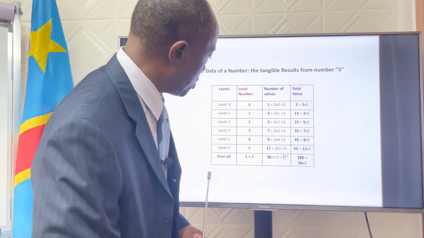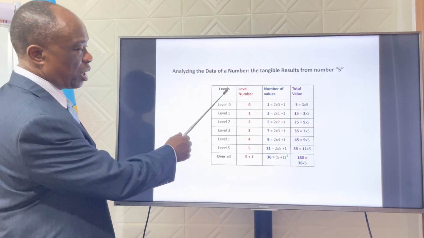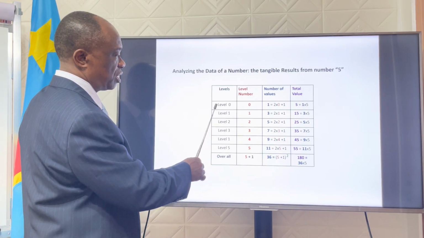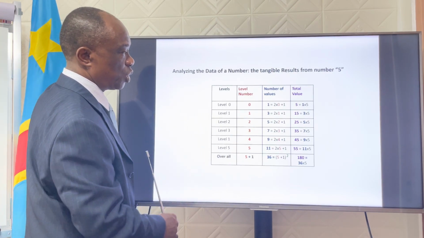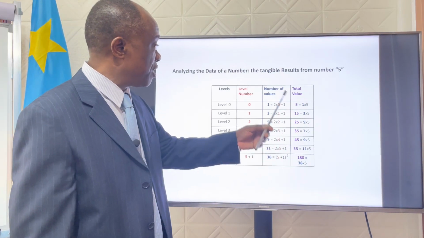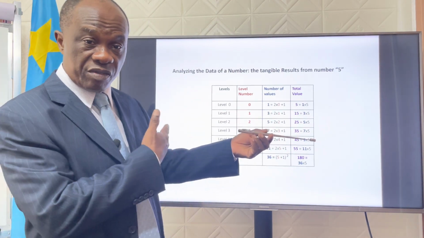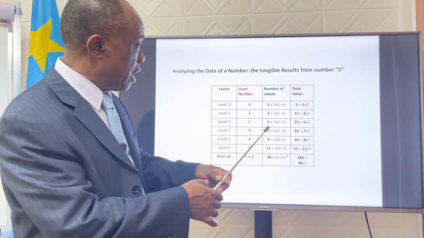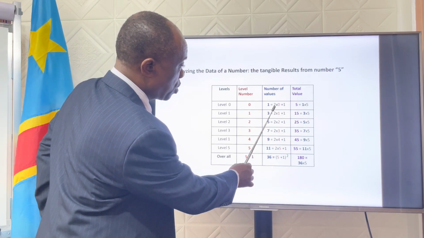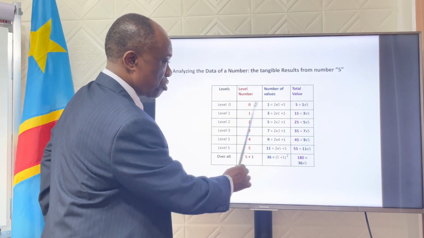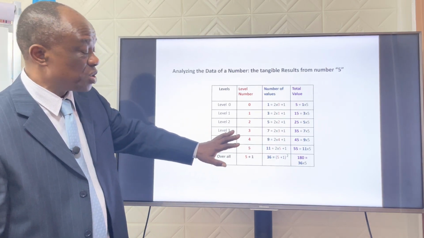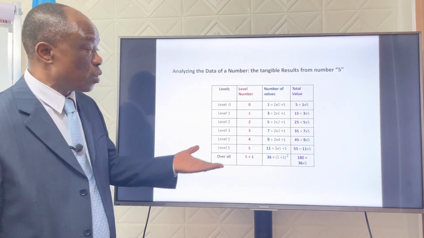Here we see per level. At level 0, of course, we have only one value, which is 5, if you compare to the one we have seen before. Then here we demonstrate how we can calculate all the values that number 5 proposes to us.